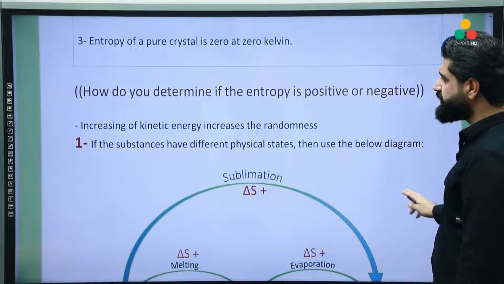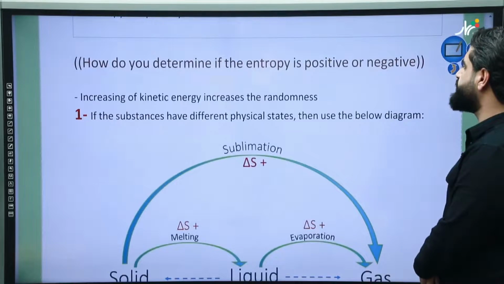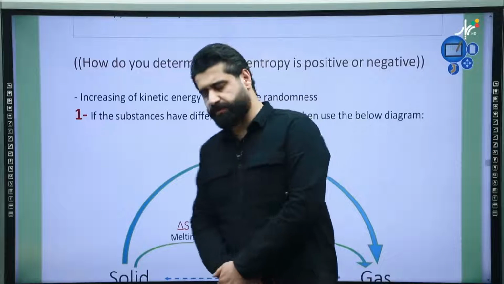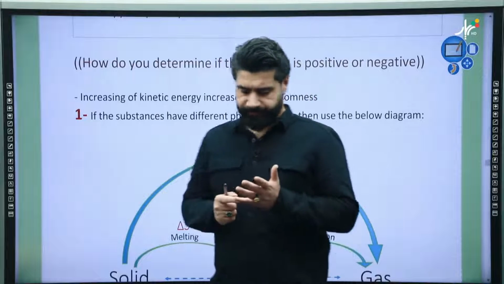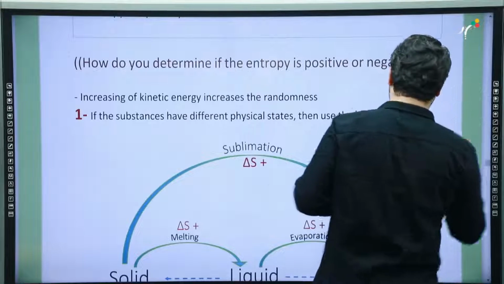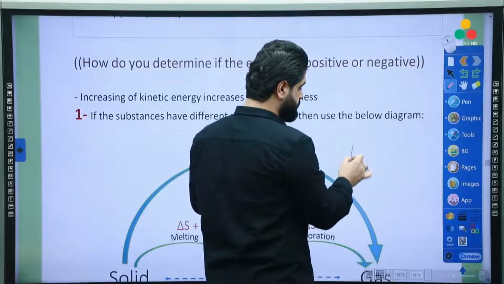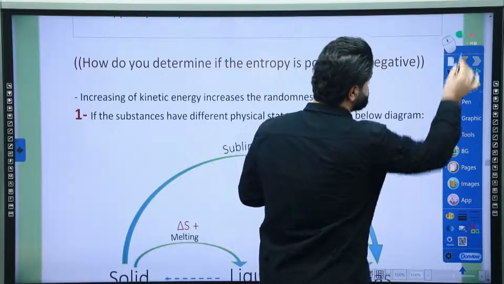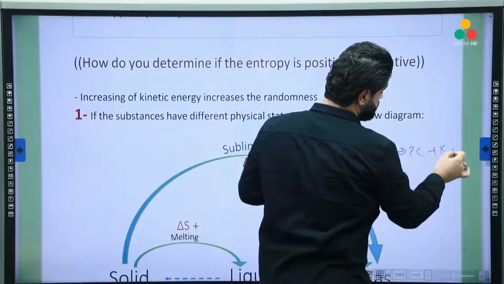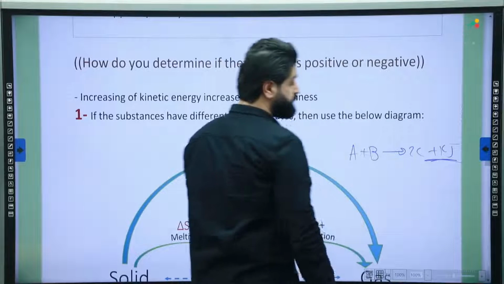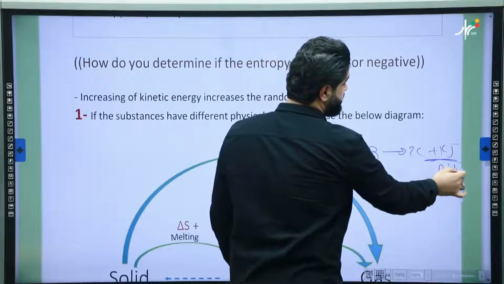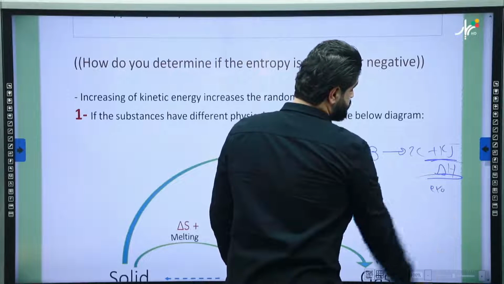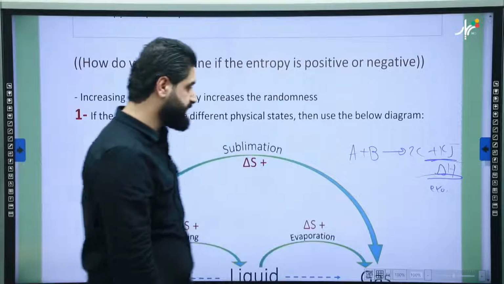So now how do we identify the arithmetic sign of entropy? Look, according to enthalpy, we know that if we have this type of reaction, A plus B producing 2C plus kilojoules, because we have kilojoules in the products, it's delta H, it means it's exo. So according to enthalpy, it's spontaneous.